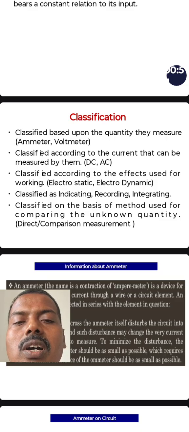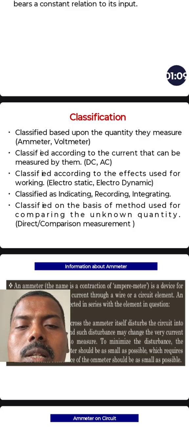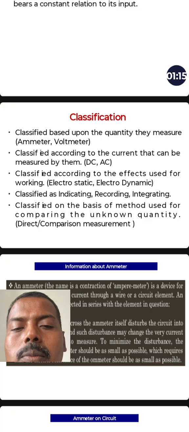The classification according to the current that can be measured by them, whether AC or DC, and also according to the effect used for working, like static or dynamic, and also indicating, recording, integrating, and on the basis of the method used for comparing the unknown quantity, like the direct comparison measurement.